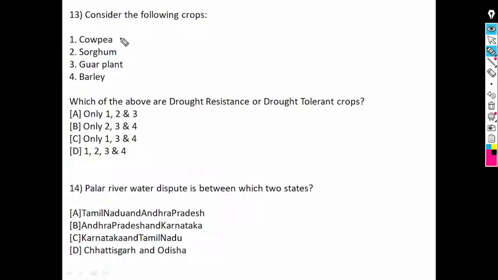Consider the following crops: coffee, sorghum, wheat plant, and barley. Which of these are drought resistant and drought tolerant crops?